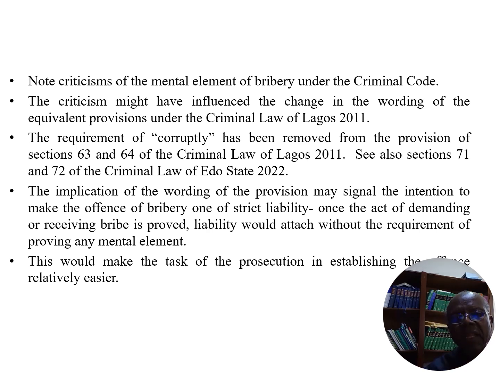The effect of the new provision under sections 63 and 64 of the Criminal Law of Lagos and sections 71 and 72 of the Criminal Law of Edo State, removing the word corruptly, is that once it is shown that the public officer demanded, asked, obtains, receives, or attempts to obtain or receive property or benefit of any kind in the course of official transaction, then the offense is complete. In other words, the prosecution does not even have to prove the corrupt intent.